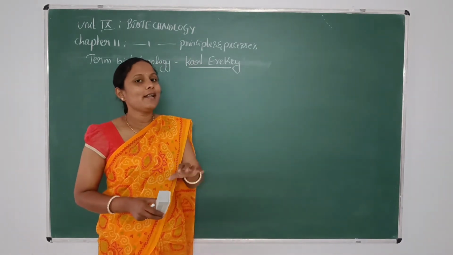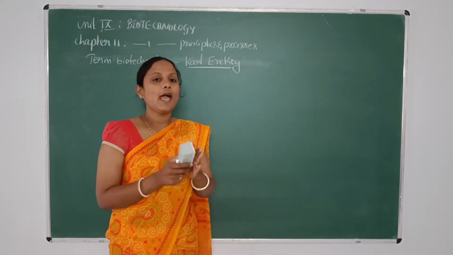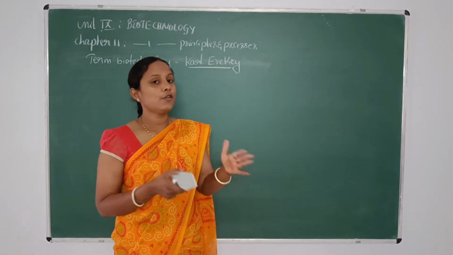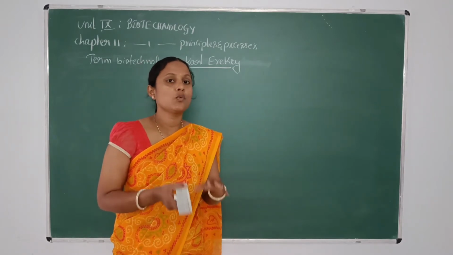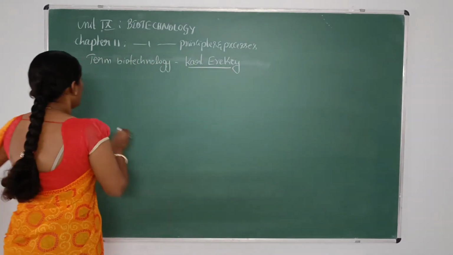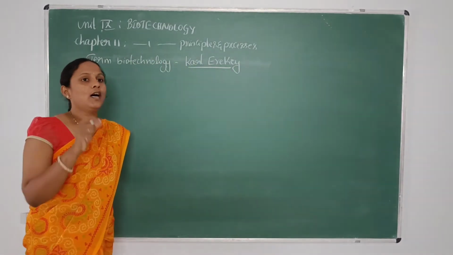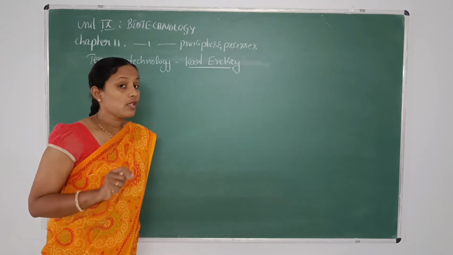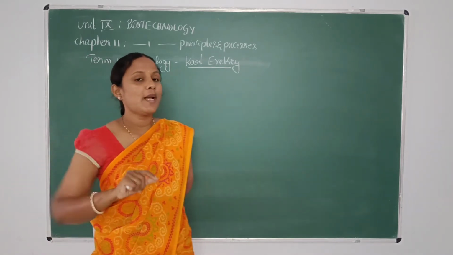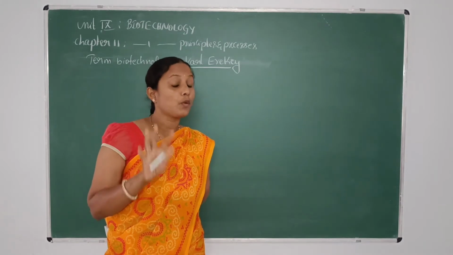To understand it clearly, we need to discuss some basic things that we know already. I'll give some examples or some processes so that you will understand what is meant by a biotechnology process.